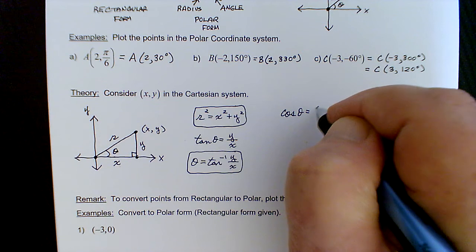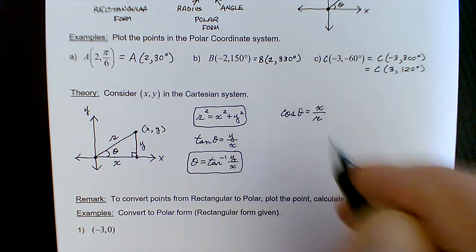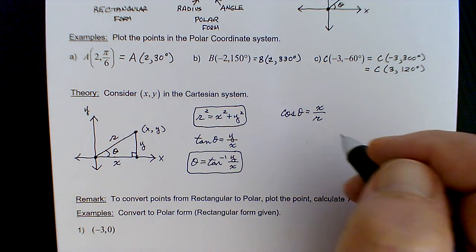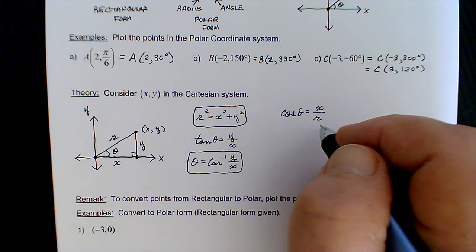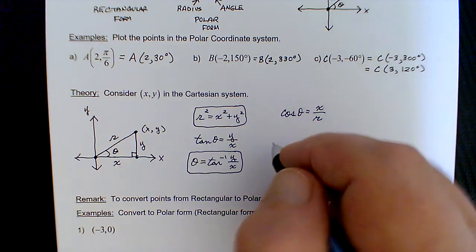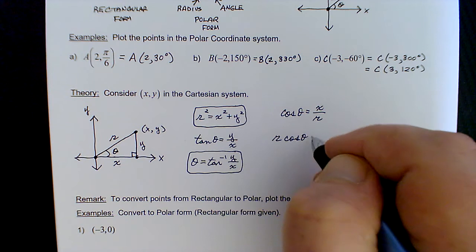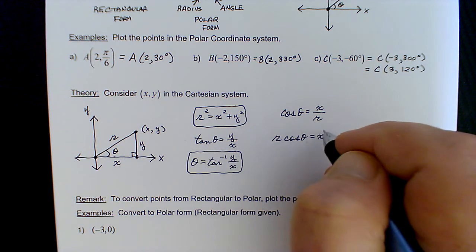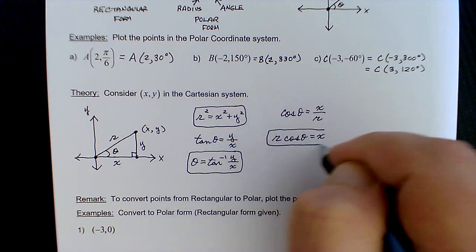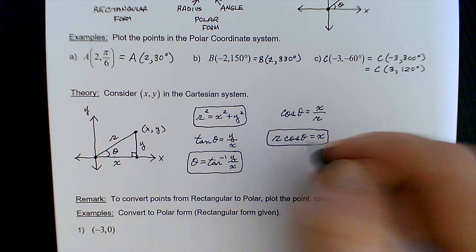So the cosine of theta we'd say is x over r. But then basic algebraic manipulation, multiplying both sides by r, we get that r cosine theta is x. So there's a way to get x, knowing r and theta.